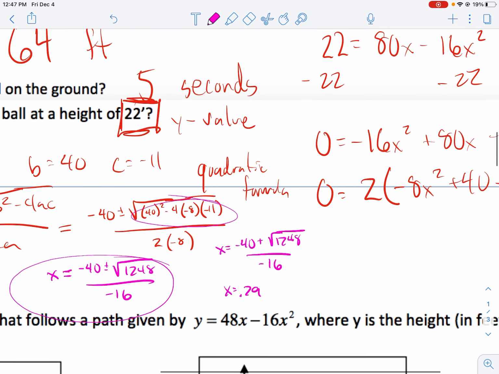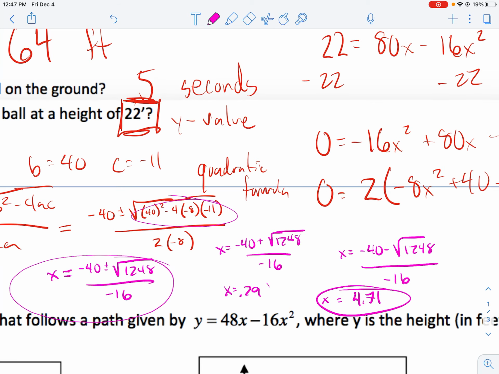Okay, and then our other one, x is equal to negative 40 minus square root of 1248 divided by negative 16, I get a positive 4.71.